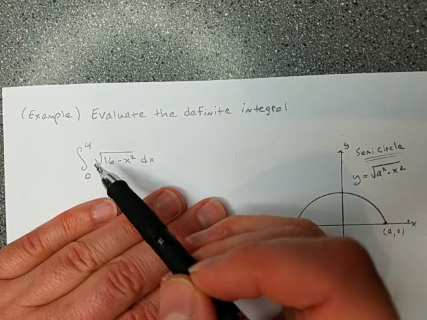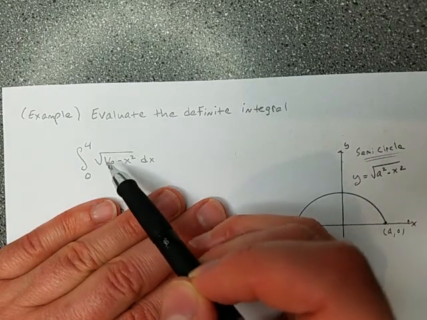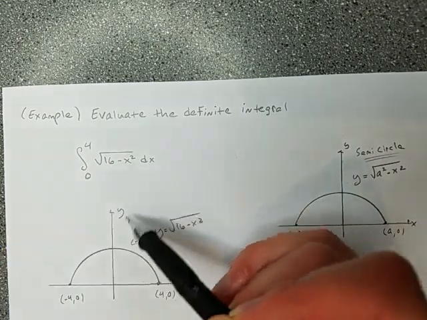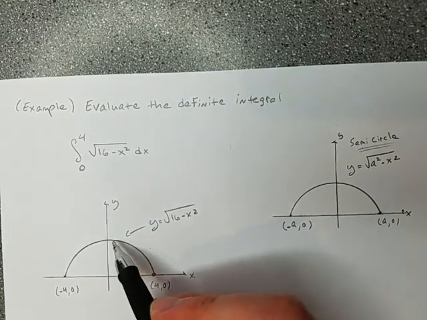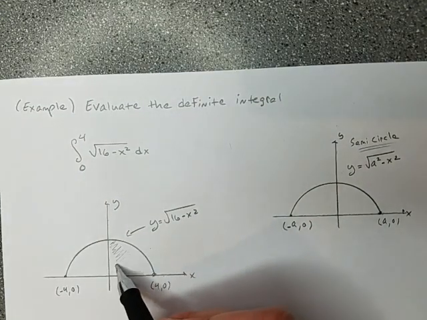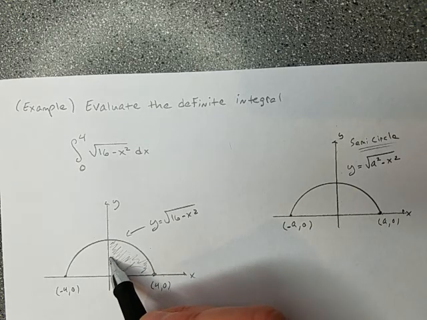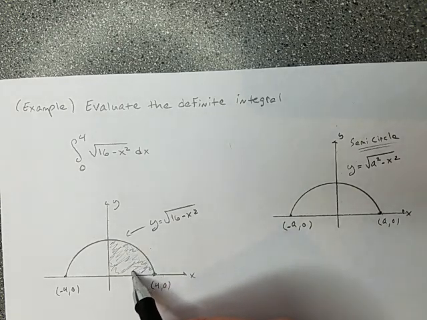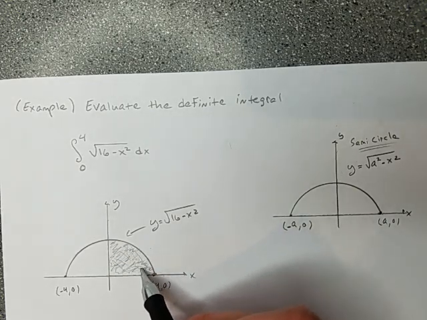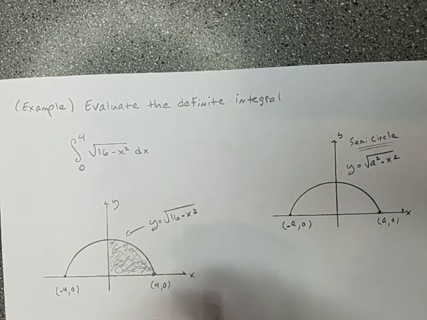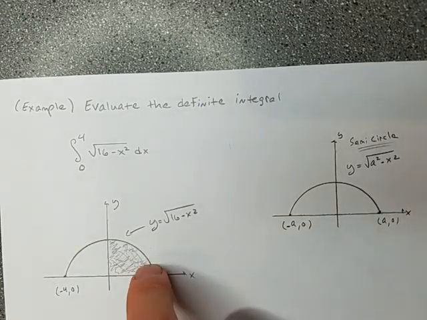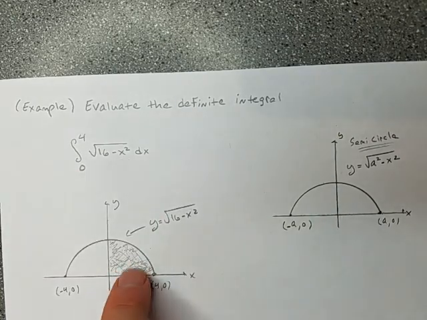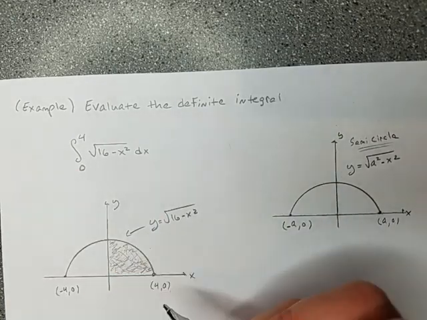Well, the definite integral from 0 to 4 of the square root of 16 minus x squared dx can be seen as the area contained by that curve and the x-axis from 0 to 4. So it's going to be this. The answer to this is the area of this region right here.